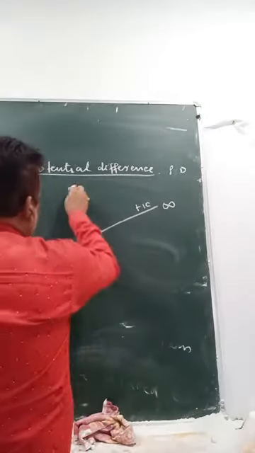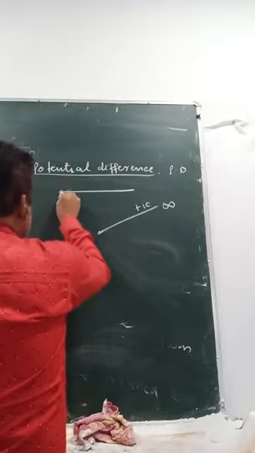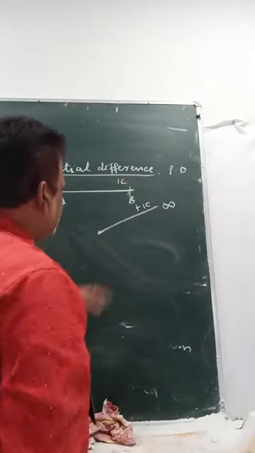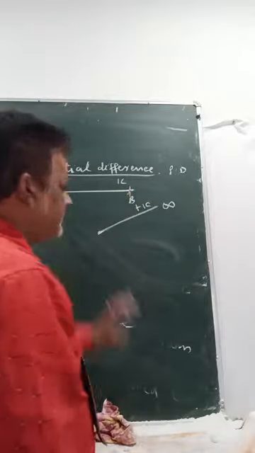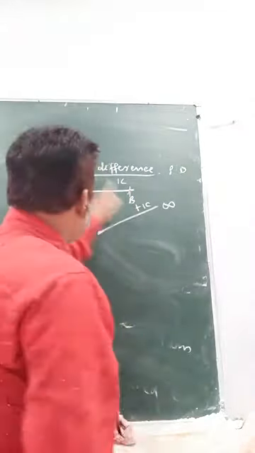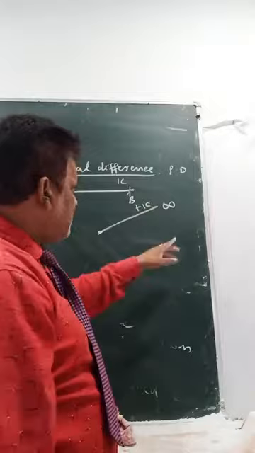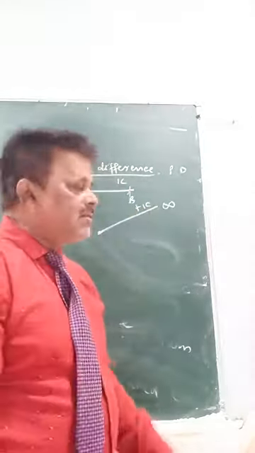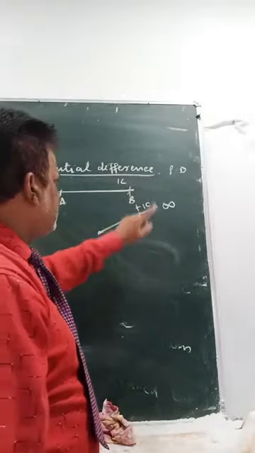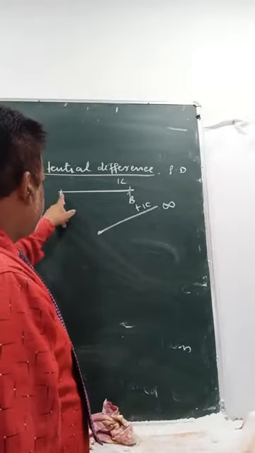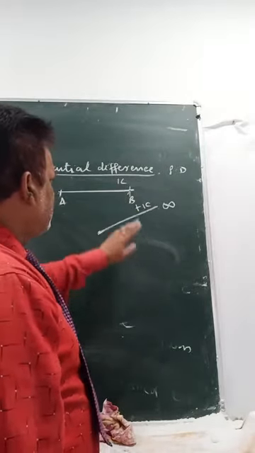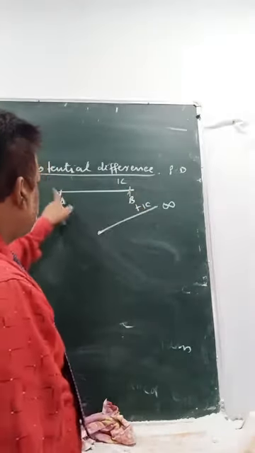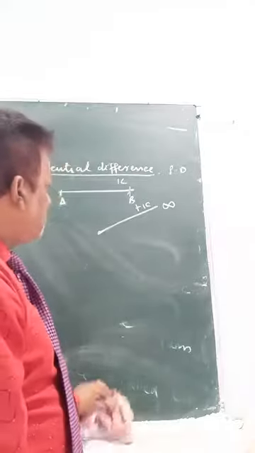But here you do work to bring the same charge of 1 coulomb from one point to another point. That is called potential difference. The last point is fixed here. That means potential difference between A and B means you are doing work to bring that charge from point B to point A.